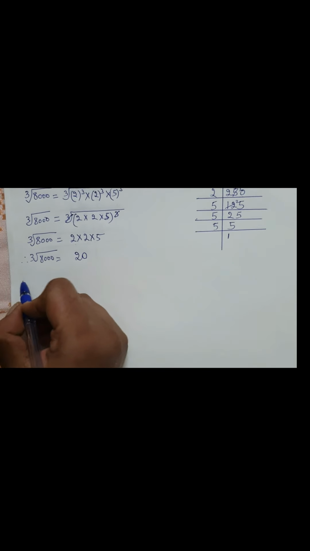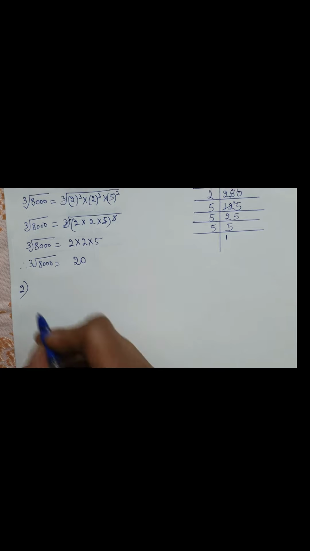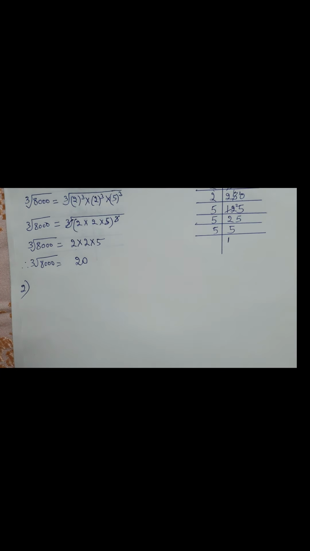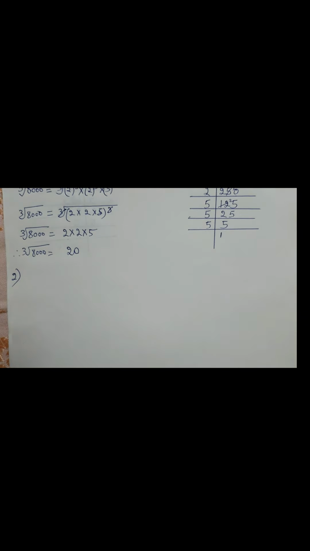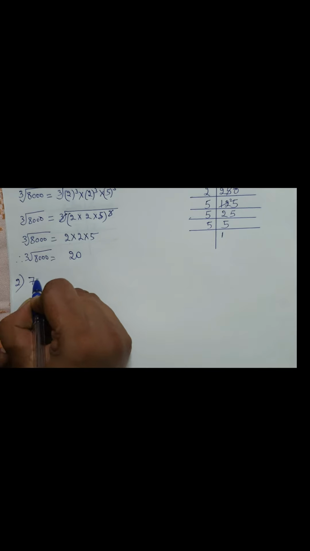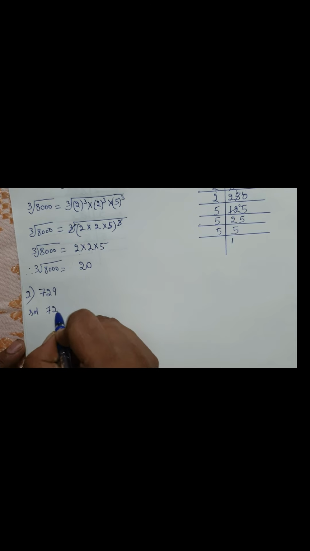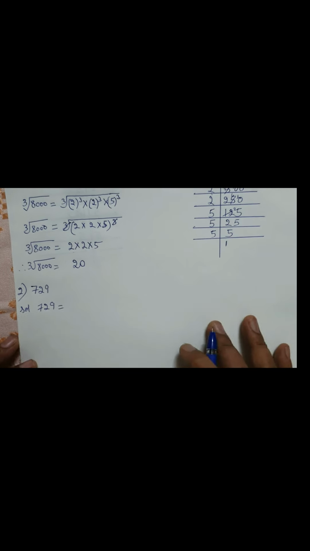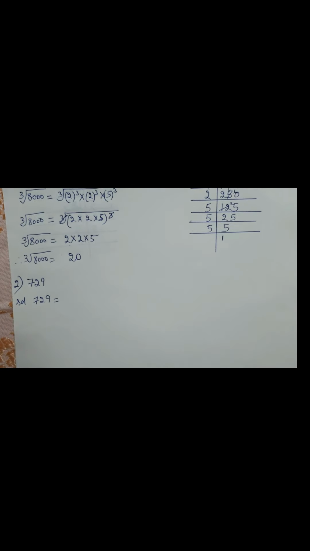Now our second number is 729. In our book what is given? 729. So we will write 729 here and the solution. Okay, we will solve this now. 729 is equal to, again we have to find the factors of 729.